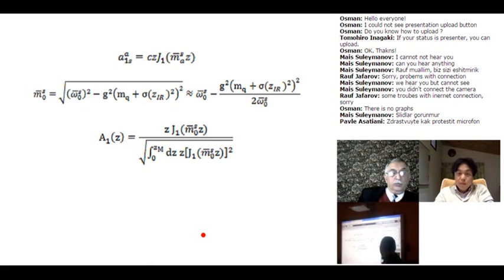So finally, the profile function for the axial vector field, which includes the condensate term also, has a simple form, as usual.